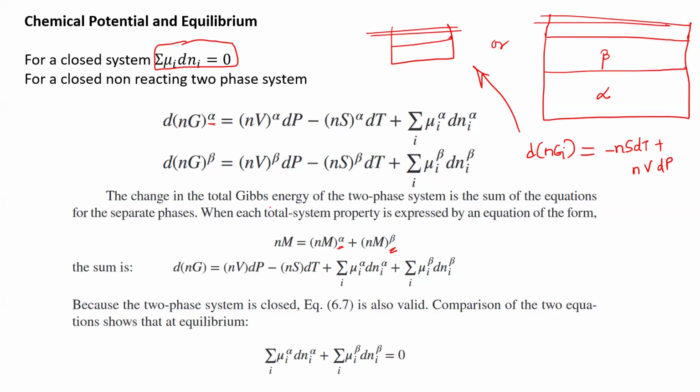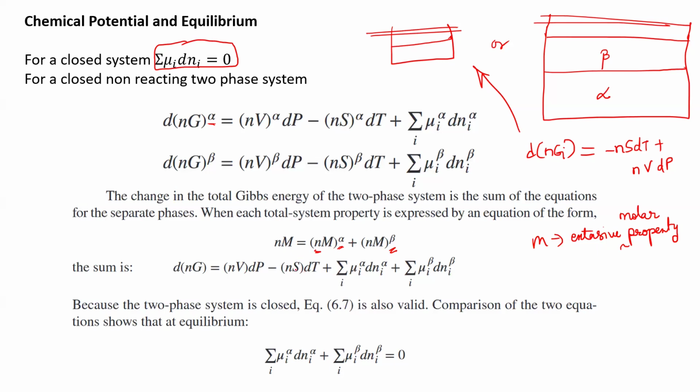That's why we sum up nM of alpha and beta. Here M is a molar property, molar meaning per mole, so we multiply it with n.